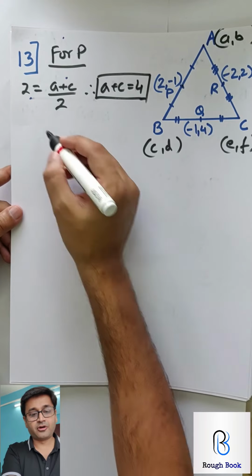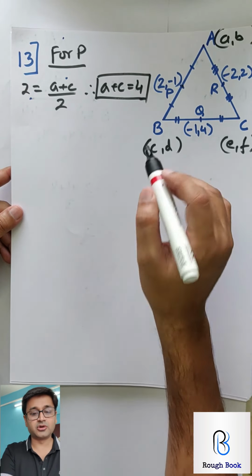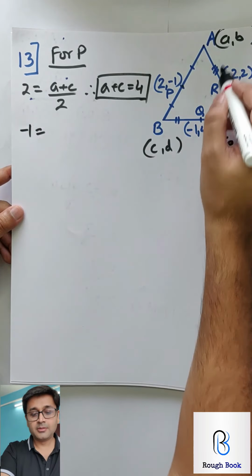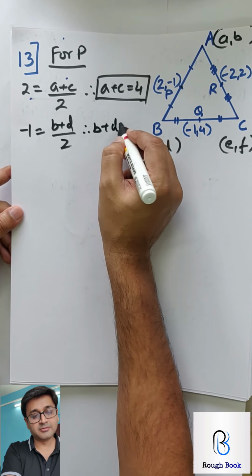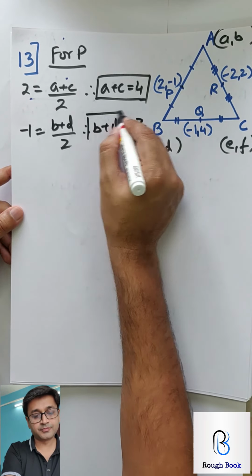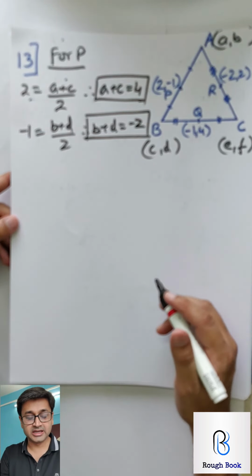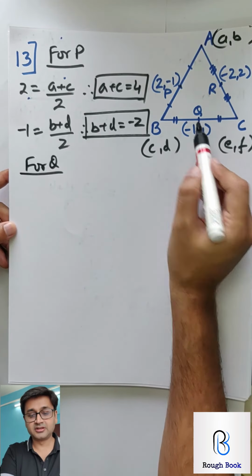Then we'll go for all y's together. Okay. So now you want to go for x and y together. Okay. Let's go x and y together. So second one, -1 is B plus D by 2. So therefore we can say B plus D is -2. Put boxes so that it is easily identifiable in the end when we need them. Now for Q, that is this one.